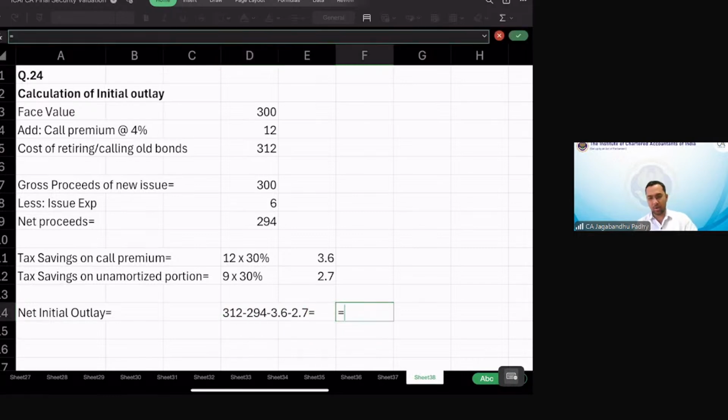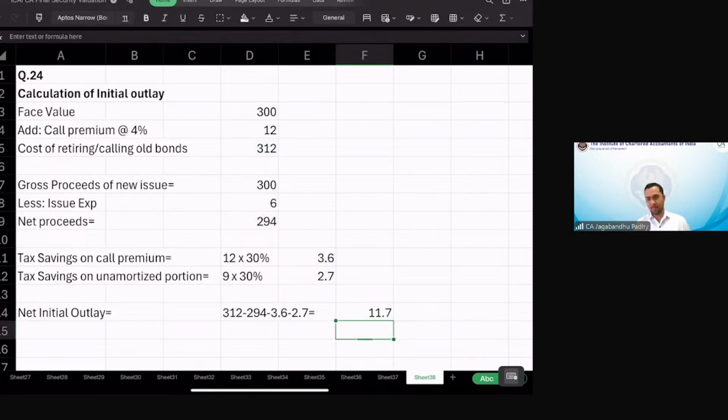So initial outlay will be 11.7 million, guys. So 11.7 million is what we are going to pay. Are we getting it, everyone? Is the initial outlay calculation clear to you?